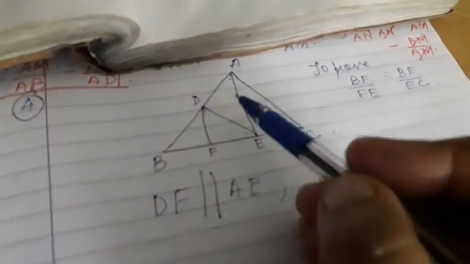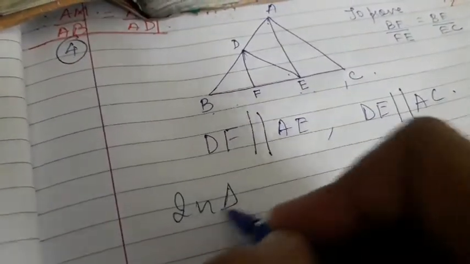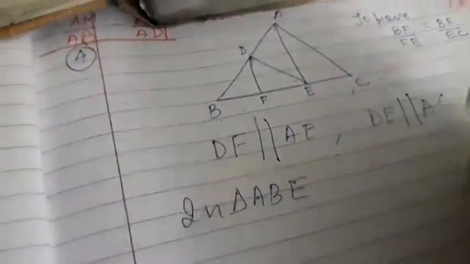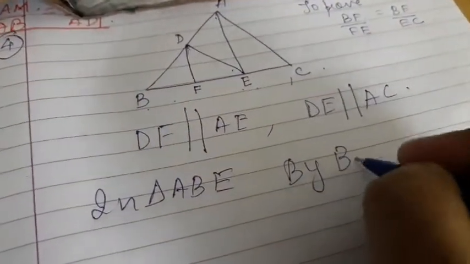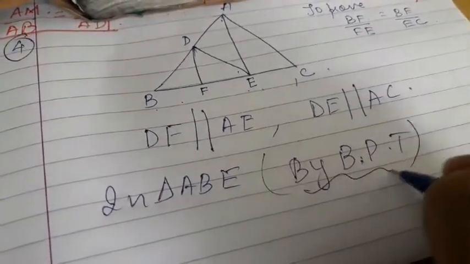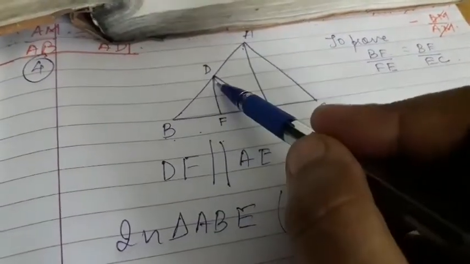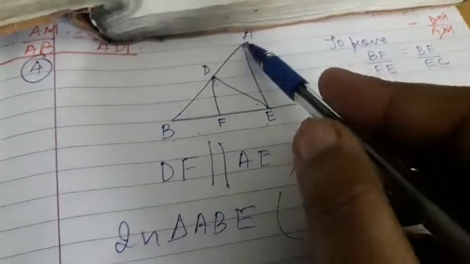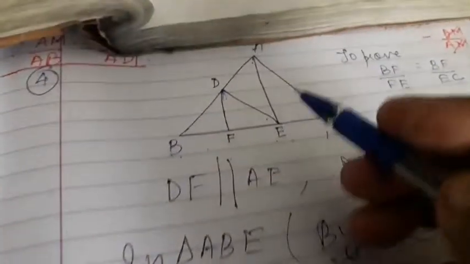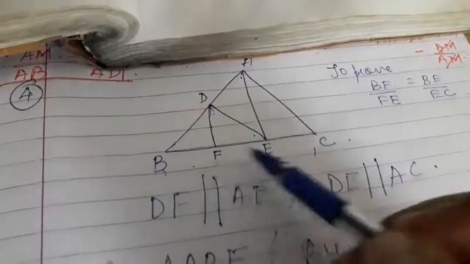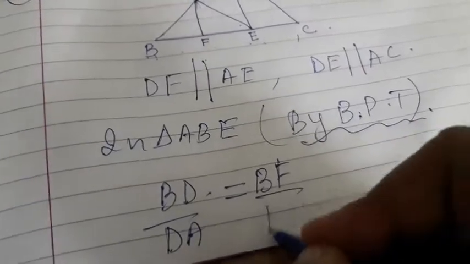Let us take the triangle first, A, B, E. Now in triangle ABE, we know that by the basic proportionality theorem, since DF is parallel to AE, I can write BD upon DA is equal to BF upon FE.